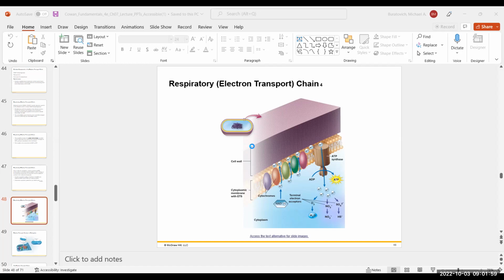All right. So the carriers for the electron transport chain are embedded in the inner mitochondrial membrane of our cells and other eukaryotes. We talked about this, oxidative phosphorylation. You're going to reduce molecular oxygen to make water.